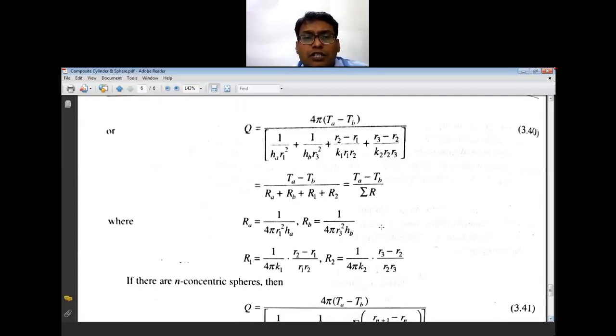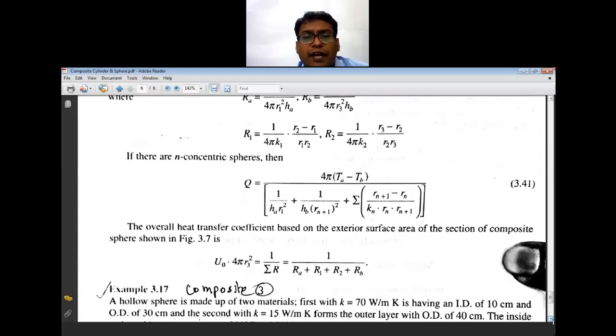So this is the heat transfer through the two layers of sphere, considering the two convective resistances. So again, TA minus TB upon the summation of all the resistances, where R1, RA, RB, then R1 and R2 will be there.